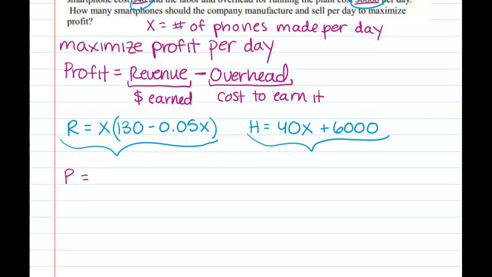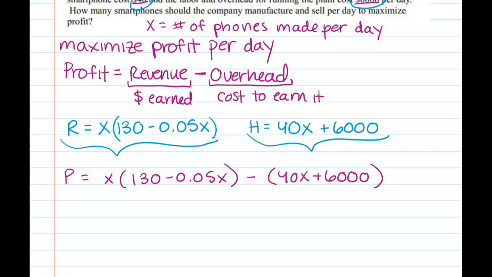That's revenue minus overhead, so it's x times 130 minus 0.05x, minus our overhead, which is 40x plus $6,000. Because if you make $1 million, great, but if it costs you $1 million to do that, 1 million minus 1 million is 0. So profit is the money you make after subtracting expenses.